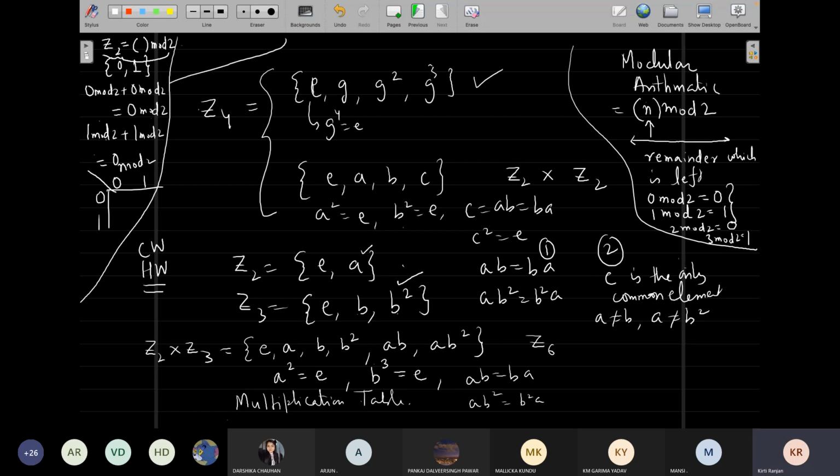And then you can think about Z3, integer mod 3, which will have 3 elements. Z4, integer mod 4, will have 4 elements.